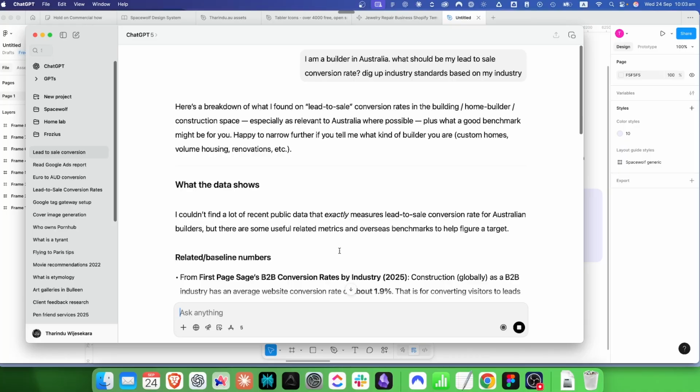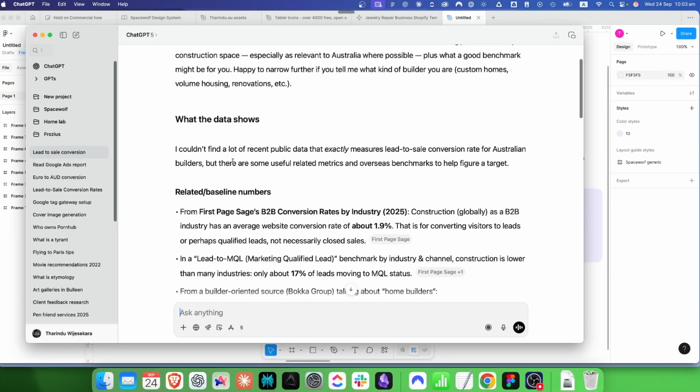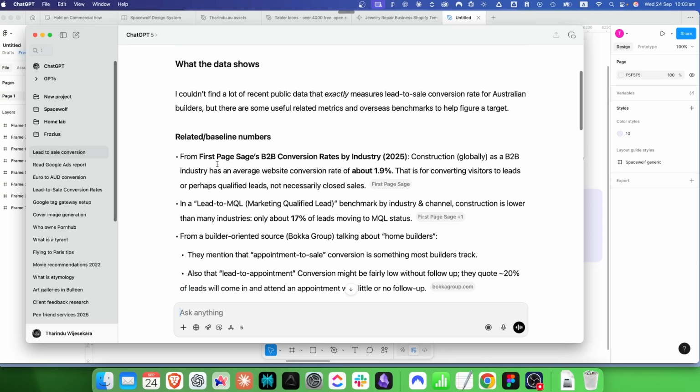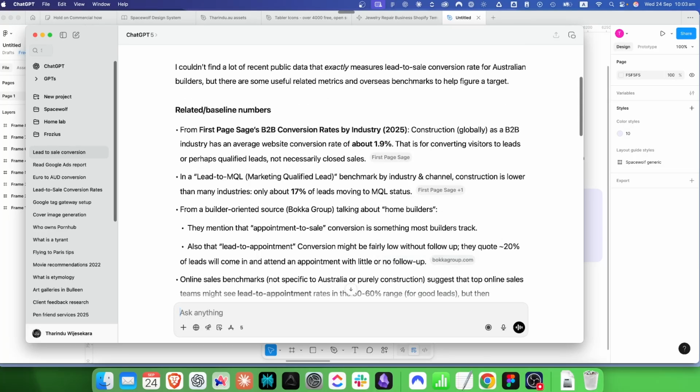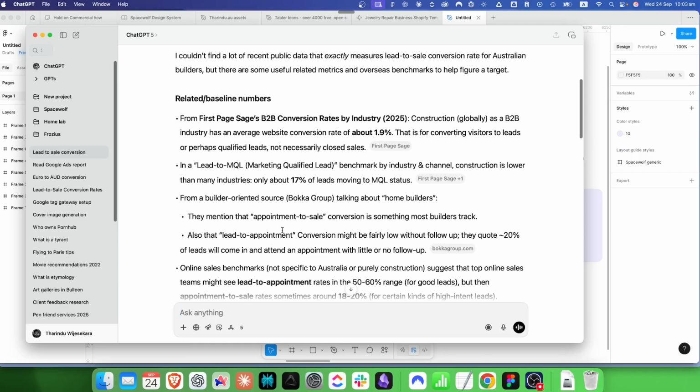And what the data shows, so I couldn't find a lot of recent public data. About 1.9, and there's a mix of data in here. Lower than many industries, about 17% of leads are moving to MQL status.